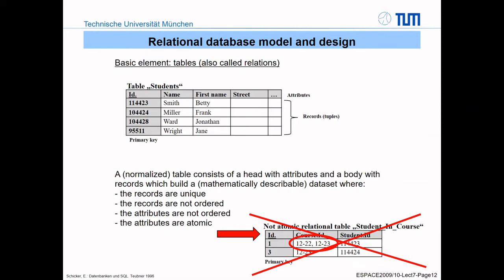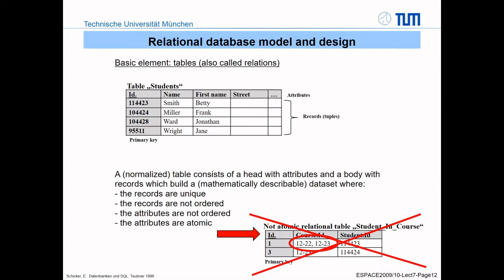Therefore you have to follow a special standardization, and this is called normalization. So relational databases use normalized tables, and they consist of a head with attributes and a body with records, which build a mathematically describable data set. So it's really a data set like it is in math.